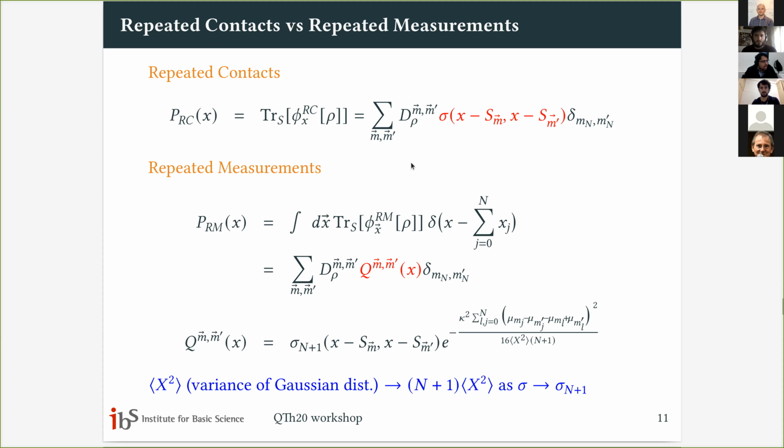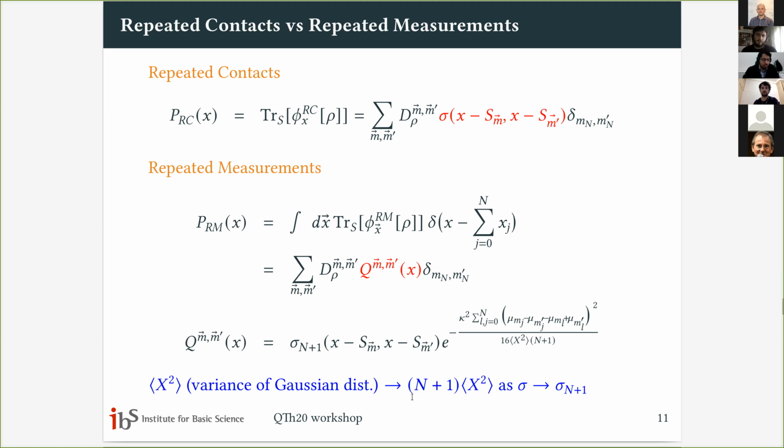The amplitude coefficient is exactly the same, but in the repeated contacts, you just had this Gaussian state which was shifted. And here you have this a little bit complex Q function, which is a Gaussian state, which is again shifted, but the variance of this Gaussian state increases depending on the number of measurements you make.